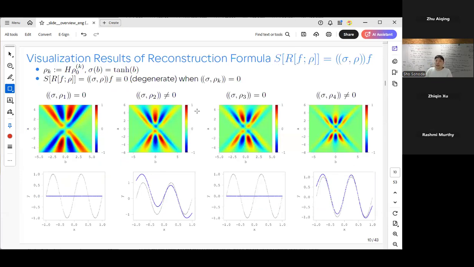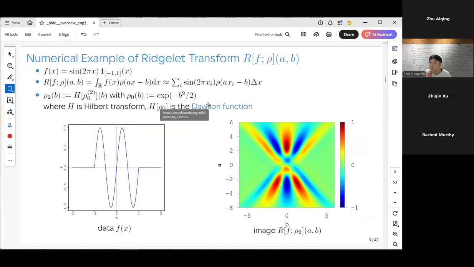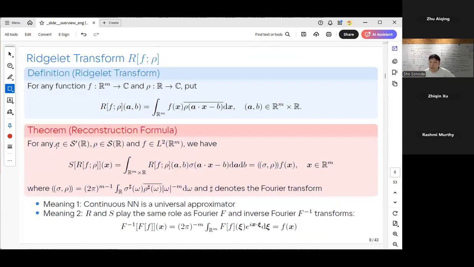Excuse me, if we choose this rho equal to the activation function sigma, then this is a bit like a tight frame, right? Yes, we can choose rho to be the activation function sigma. But in this case, the image will be less oscillated. The choice of sigma and rho is somewhat asymmetric.